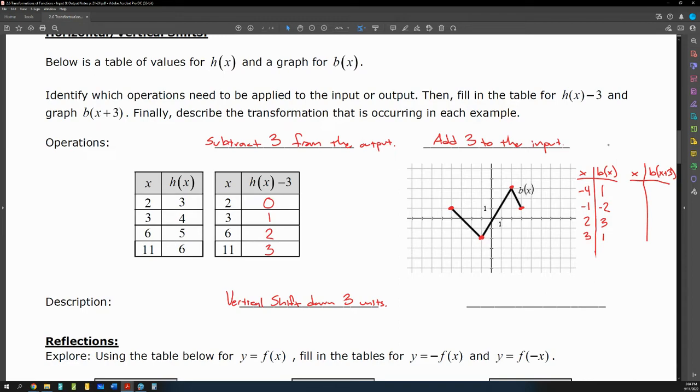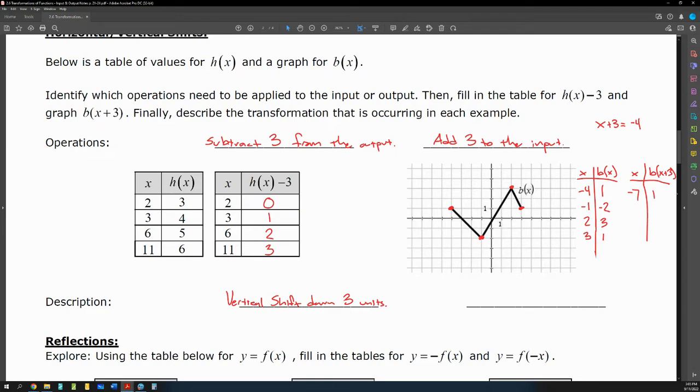Like we could set up the equation x plus 3 is equal to -4, for example. So for what number plus 3 is going to give us -4? The answer is -7. And if you were to plug in -7 for x inside the function b of x plus 3, it would evaluate to 1, that same output.